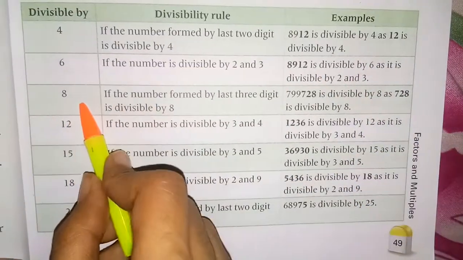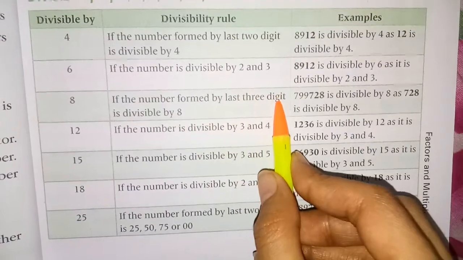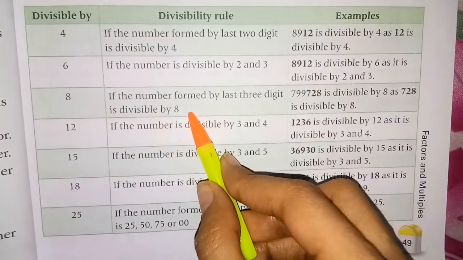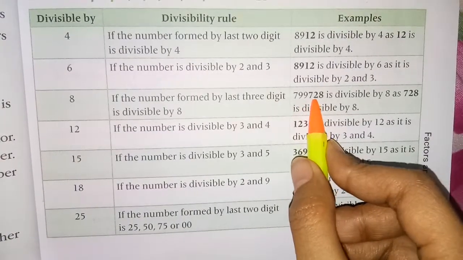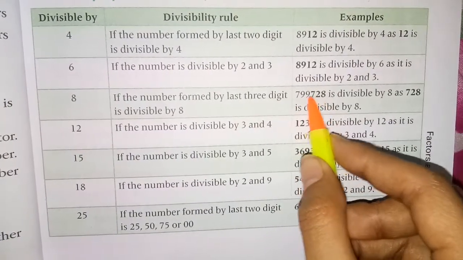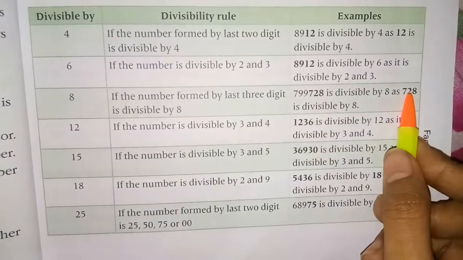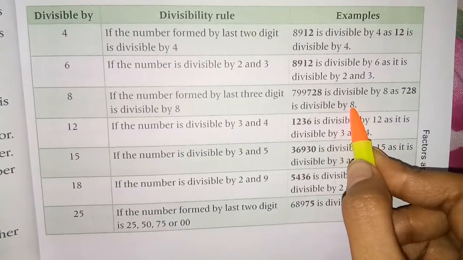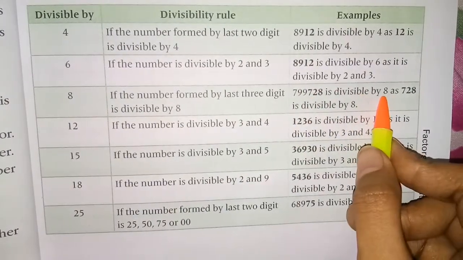Now let's come to divisibility of 8. If the number formed by the last 3 digits is divisible by 8. Now we have to take one example, and in this example the last 3 digits are 728. This 728 is divisible by 8. So this complete number will be divisible by 8.